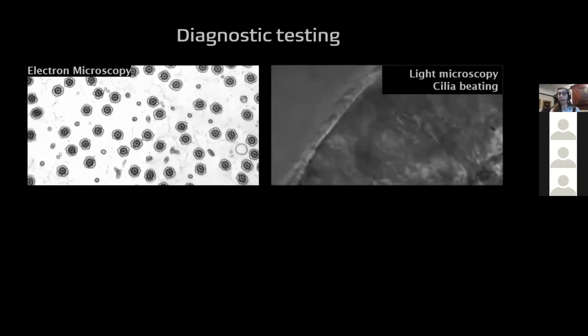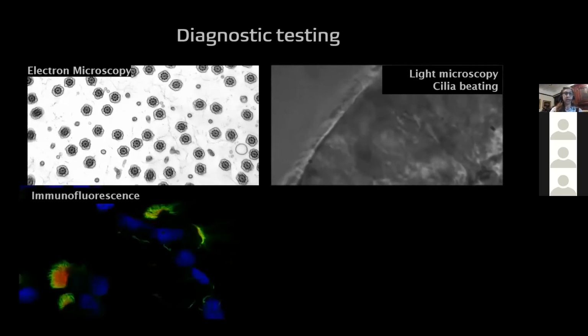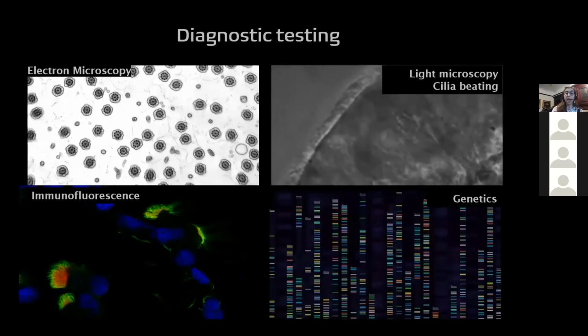We can also do high-speed video microscopy using a fresh sample and then a microscope equipped with a special camera that records these videos and slows them down so we can analyze the beating pattern and also frequency. We can do, for instance, immunofluorescence as well, looking at markers that might be impaired in PCD and using some fluorophores and some colors, see if they're present or not, and also genetics.